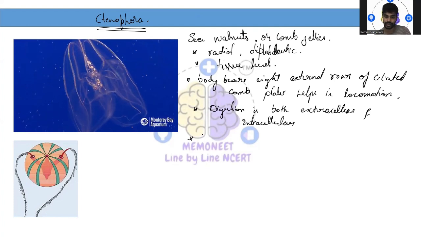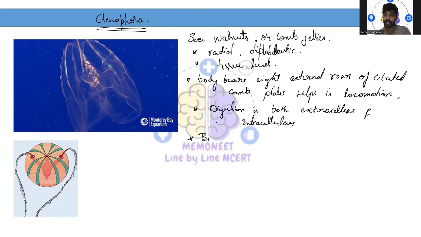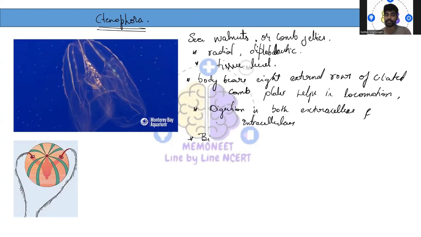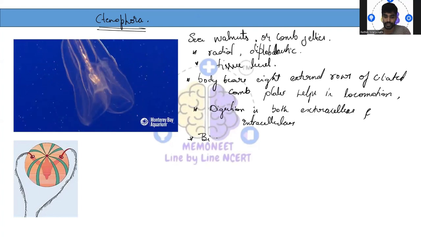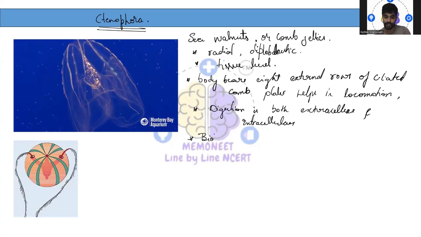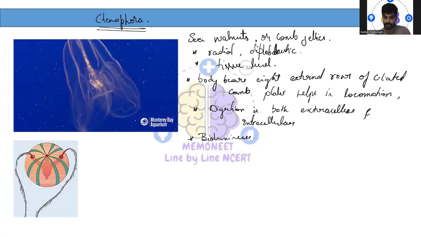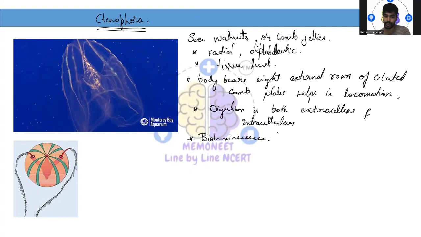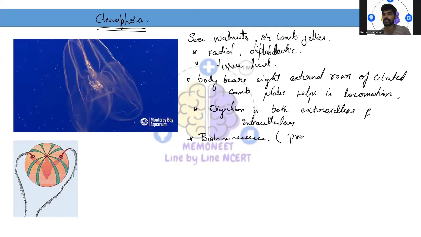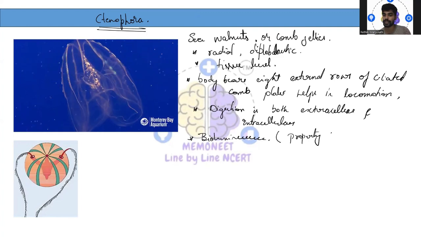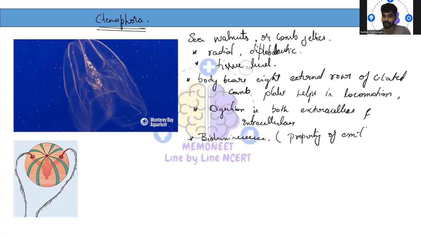Then we have another very important thing in this phylum Ctenophora: it actually shows bioluminescence. So what do you mean by bioluminescence? It is nothing but the property of emitting light.